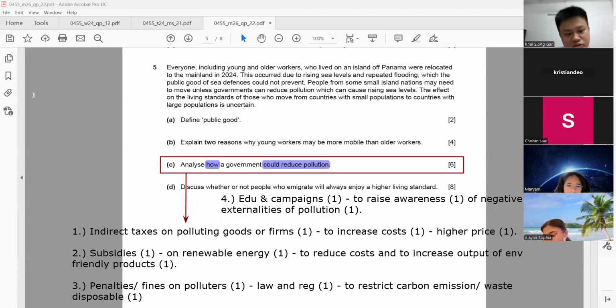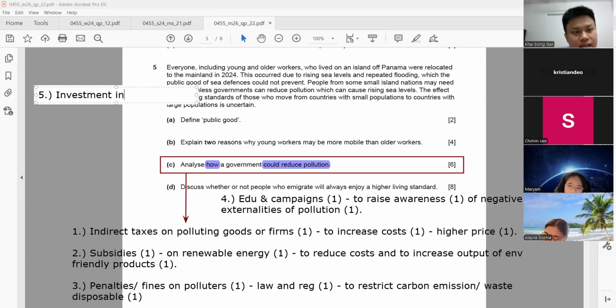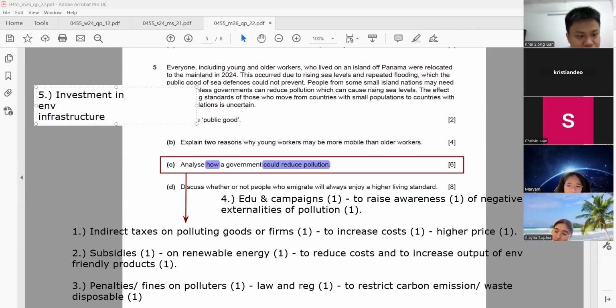Some of you ask whether infrastructure can or not. Yes, you can talk about investment in infrastructure. Yes, infrastructure can. Investment in infrastructure or public transport. Okay, investment in environmentally friendly structure. Or public transport. Yes, public transport can.